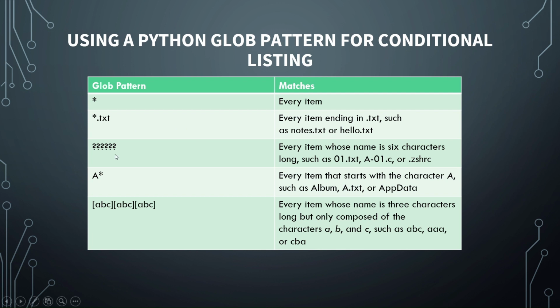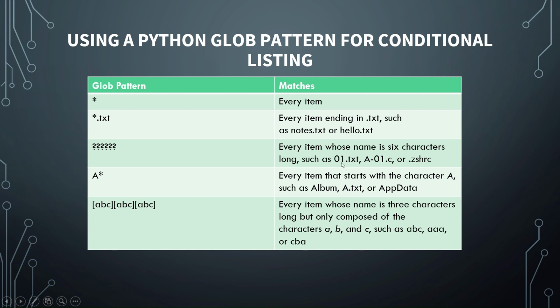If you are using six question marks over here, so this is actually a question mark, then all the files that have six characters, as long as it does not matter if the extension is included or not. So over here you can see 01.txt, there are a total of six letters.